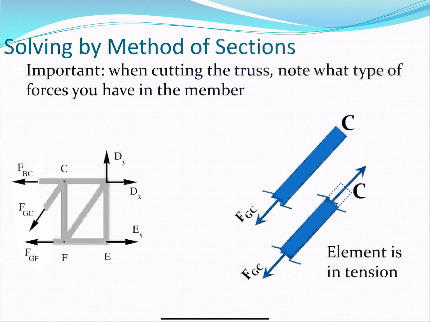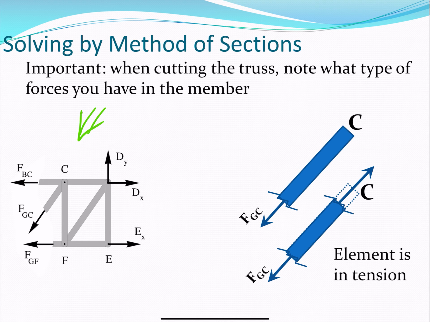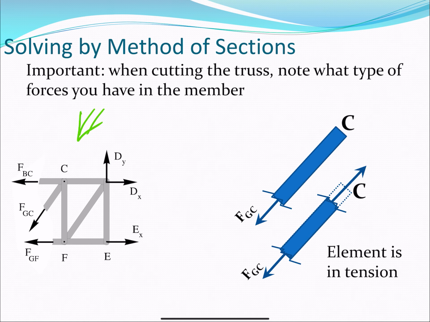Now, important. When you cut the truss, you have to be aware of what type of forces you have in the member. Take a look at this side of the slide first. If I ask you, what force does element BC have? When you cut, you assumed this force.